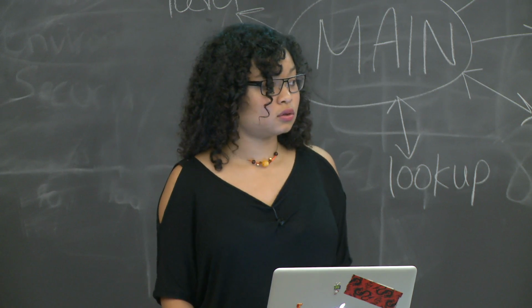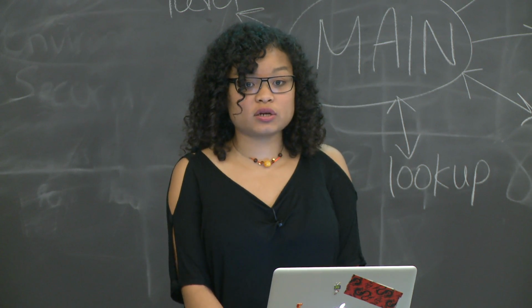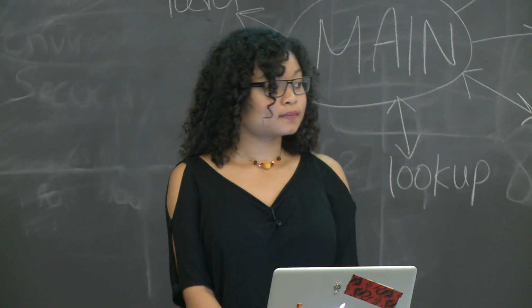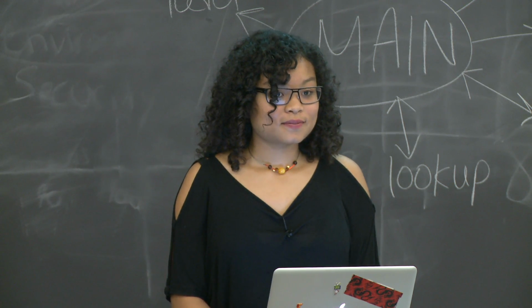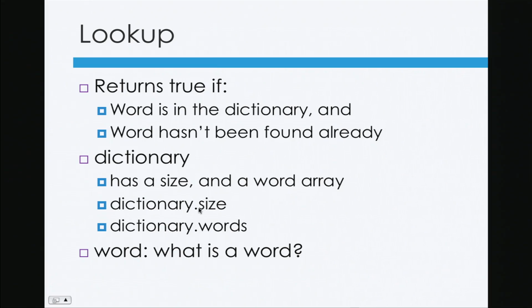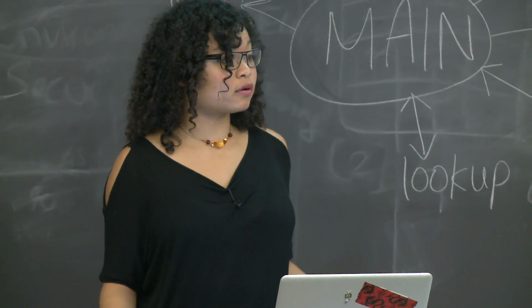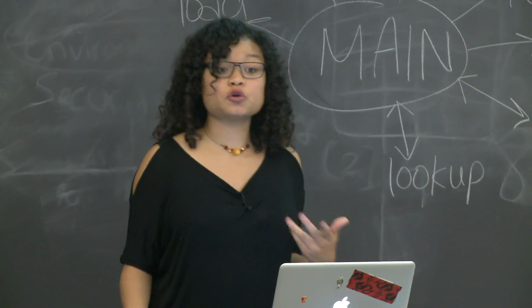Think back to how we accessed the variables within dictionary. Here we had dictionary and then we said dot size, right? Similarly, when we have a word, be careful because word is just any other data type, just like an int or a string.